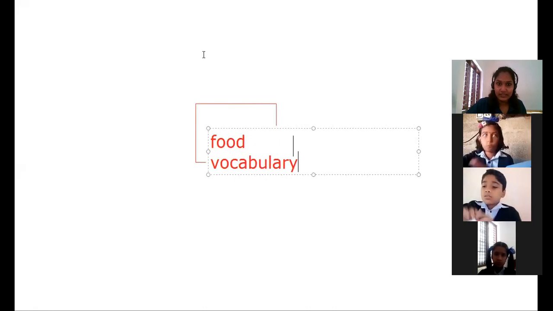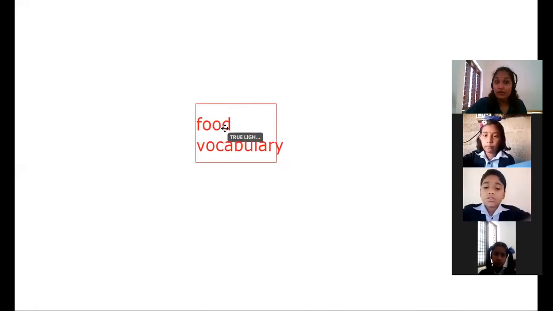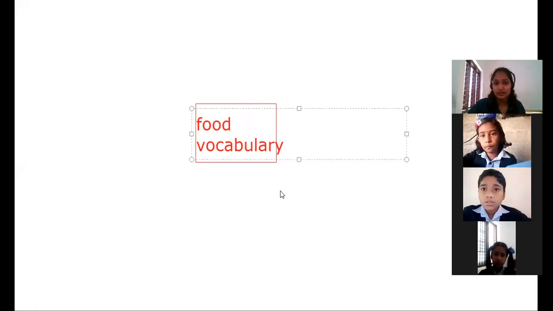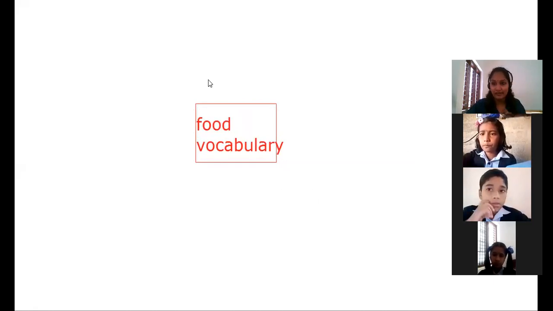The last one. We are going to represent it in a graphical manner. Okay. Picture pole. This is our main aim, food vocabulary. We were going to create a food vocabulary.